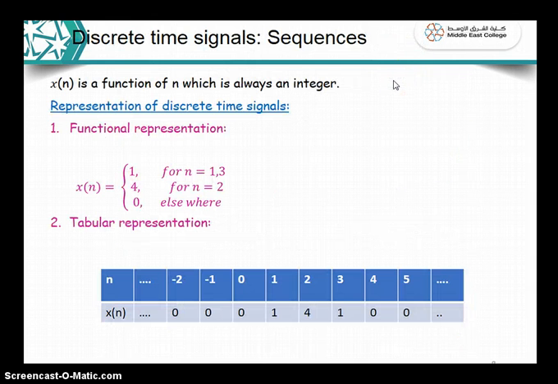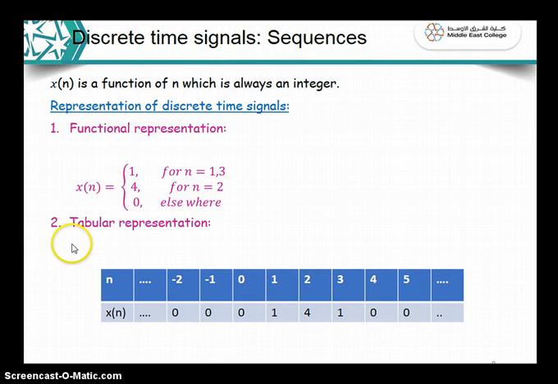These discrete time signals are represented in 4 ways. One is functional representation, second is tabular representation, third is sequence representation, and fourth is graphical representation. Functional representation is by explaining with respect to an equation, something like x of n is equal to 1 for n is equal to 1, and 3 for n is equal to 2, 0 elsewhere. If any signal is represented in this way, we call it functional representation.